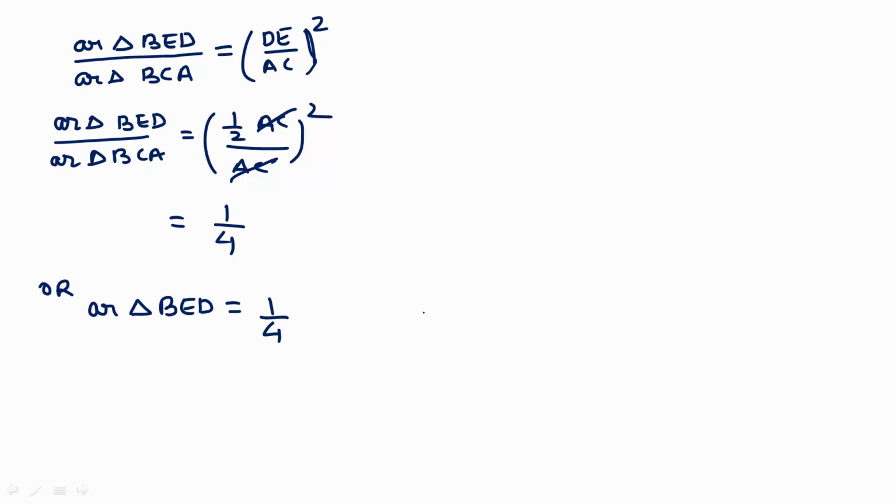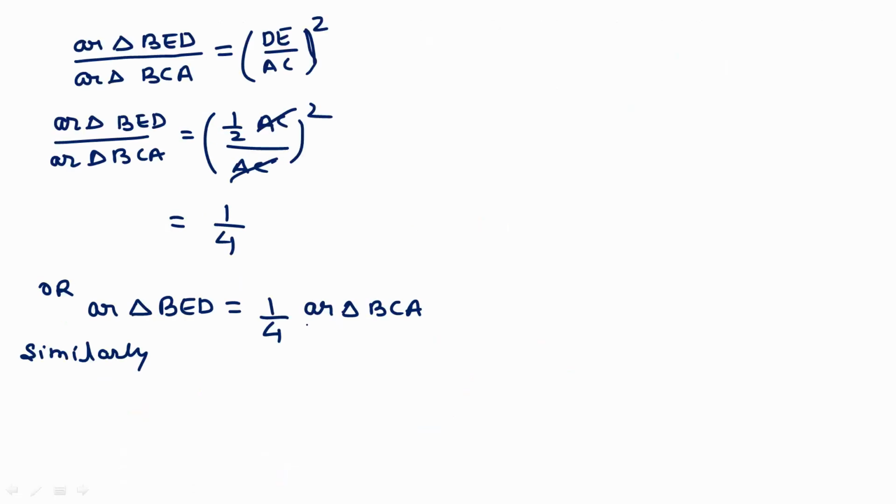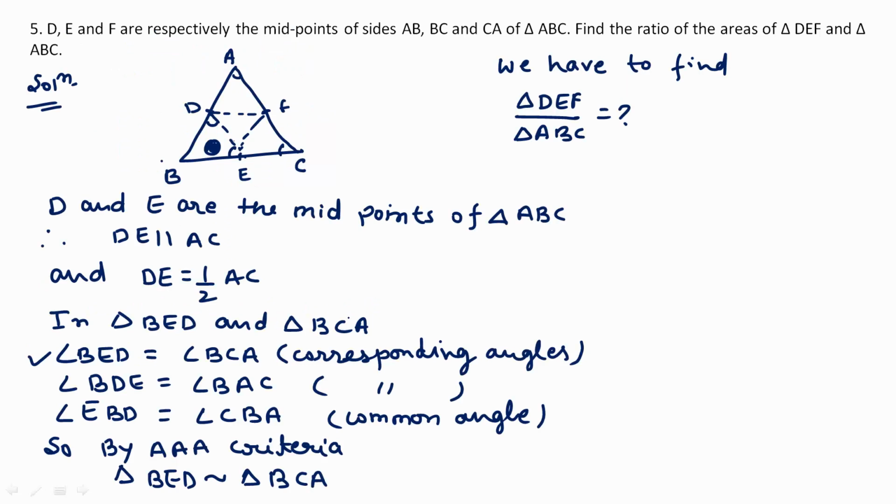Means the area of this triangle is 1 upon 4 of the whole triangle. Whole triangle means triangle ABC, so 1 upon 4 area of triangle ABC.